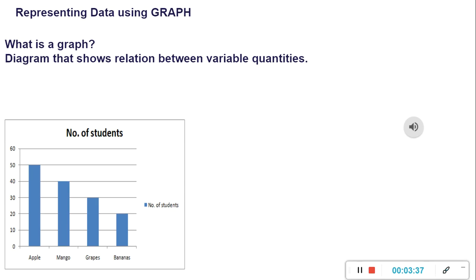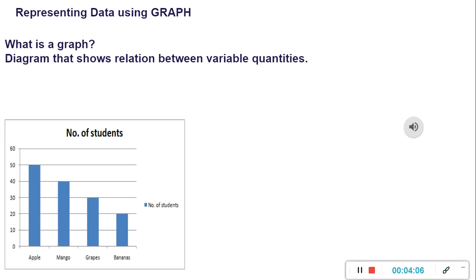Now for example, if we take the same example of favorite fruits, you see that as long as you ask two students, one of them says apple is the favorite fruit and the second one says mango. The moment you ask the third student, what happens? Your data changes. And if the third student says that apple is his favorite fruit, the number of students liking apple will change from 1 to 2, right?